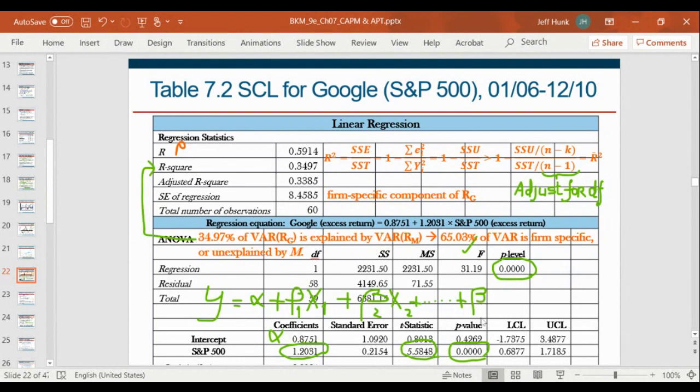So if you have n explanatory variables, then it will be beta n times xn, and then there will be some error term, right? Okay, this is called multiple regression.